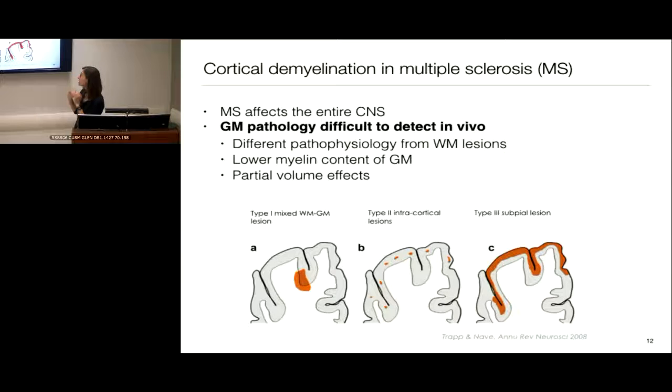And we have the type 3 subpial lesions, which are actually really thin. They only affect the superficial pial layers, but they tend to cover a large area. In type 2 and type 3 lesions, we have problems with partial volume effects. So unless we get a high enough resolution, we won't be able to detect these lesions.